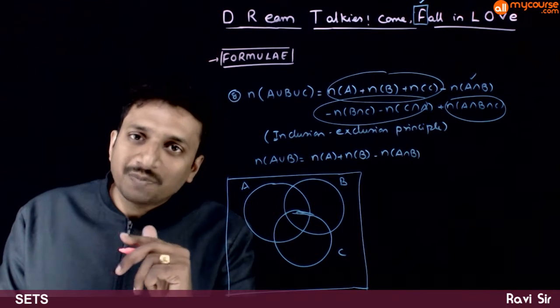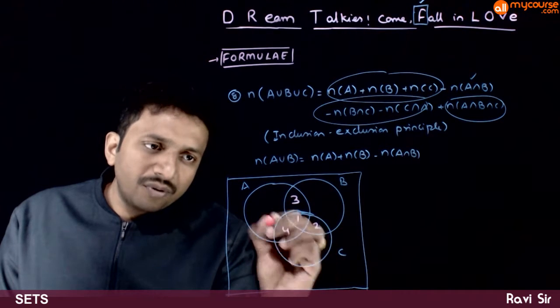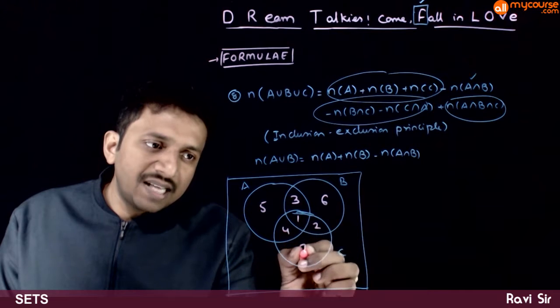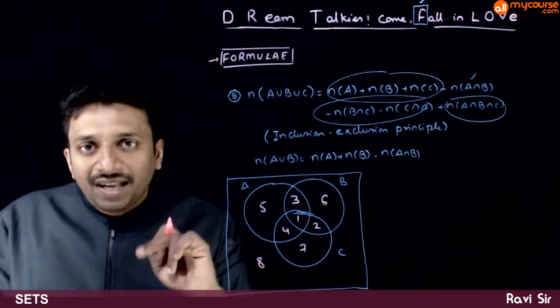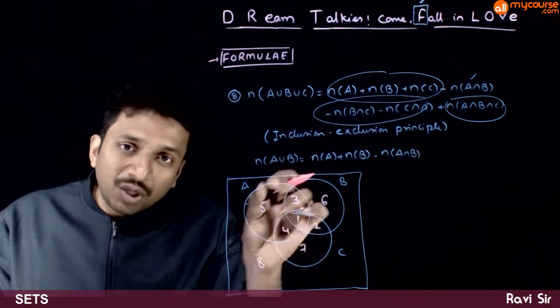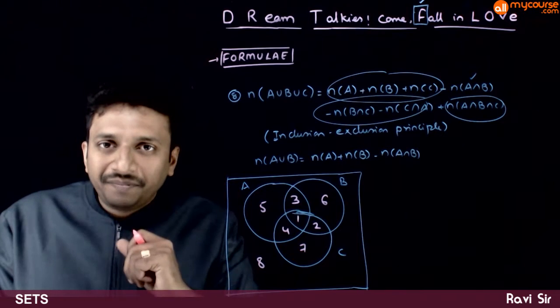Let us name these parts. Let this part be 1, let this part be 2, 3, 4, 5, 6, 7, 8th part. These are not the elements of the Venn diagram. These are the parts into which the whole plane is divided.